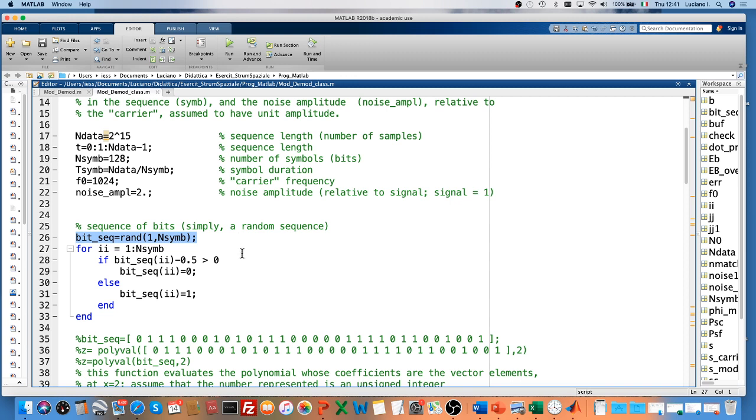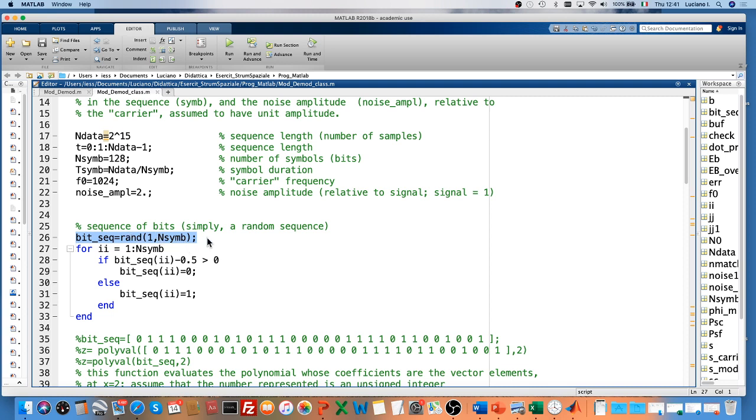Since I want to identify the bits as negative and positive according to a criterion with respect to 0, I subtract 0.5 from the output of the function rand.